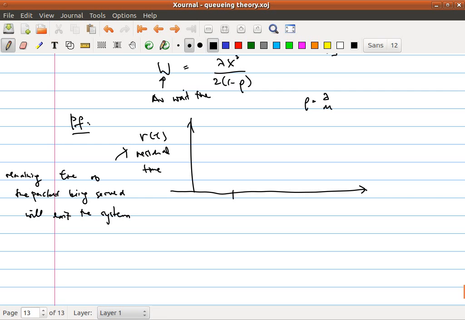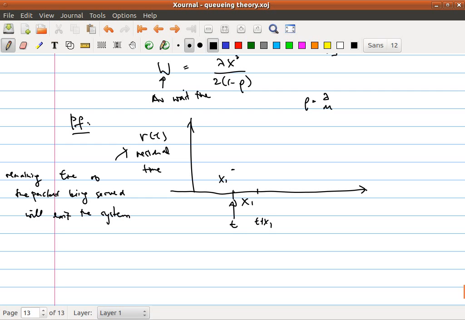Let's say at the beginning there is no packet in the system, and then a packet arrives, and it will be served with a service time x1. After x1 period of time, the packet will get out of the system. So at time t, we have x1 more time for this packet to get out of the system, and therefore the residual time at t is simply x1.